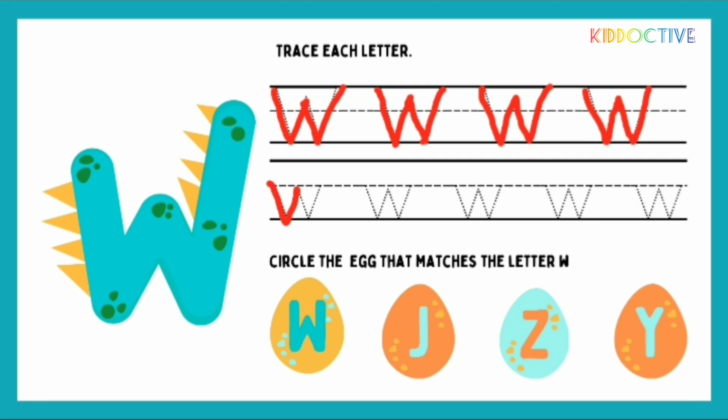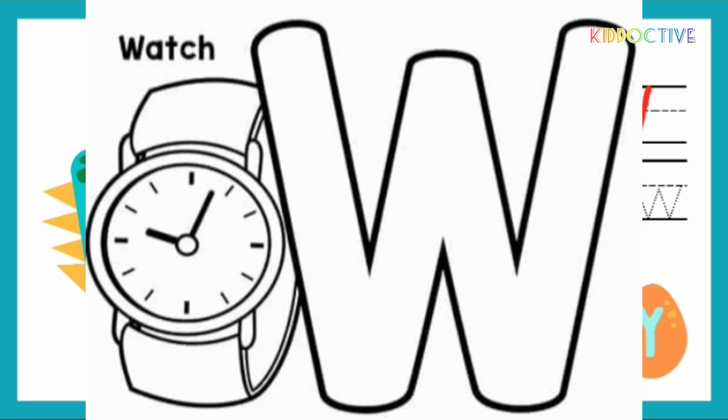Okay. Then you are going to definitely write without any kind of help. Okay. Now tell me, circle the egg that matches the letter W. The first egg is having letter W. W for watch.